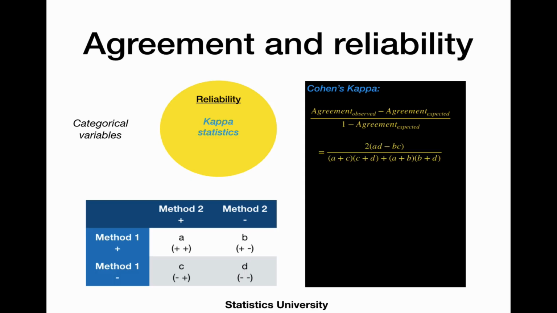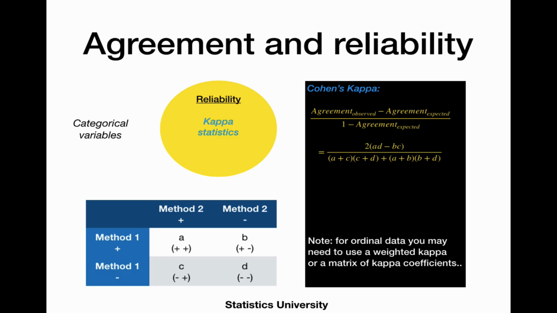It can be calculated manually as follows. But note that this is a simple measure of kappa that is good for 2 categorical variables. When you're using ordinal data, so ranked data, you may need to use a weighted kappa or a matrix of kappa coefficients. But we'll not dive into that as of yet.